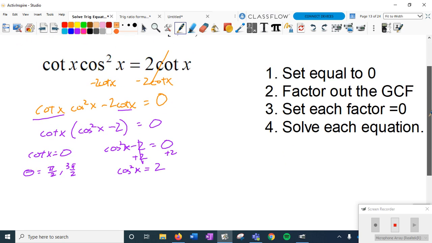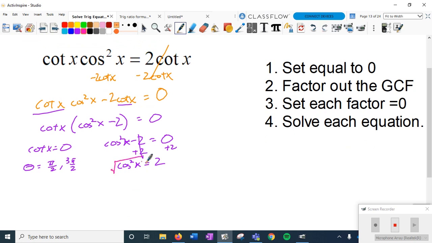Get rid of the square with a square root. We'll square root both sides. Okay, remember our rules. So if we square root both sides, we have to automatically put down plus or minus. Okay, since this has no fraction, we don't have to worry about square rooting the top and square rooting the bottom separately. So this is just cosine of x equals plus or minus square root of 2.